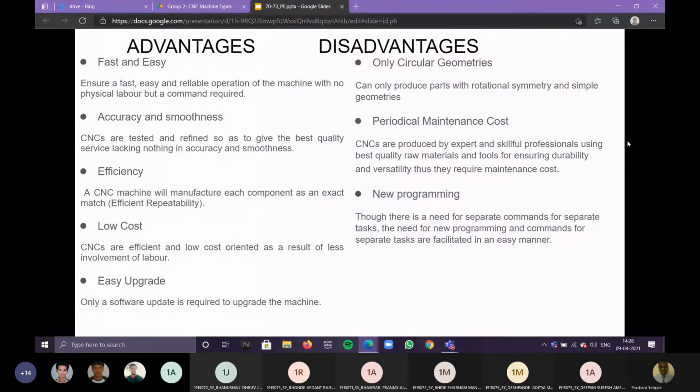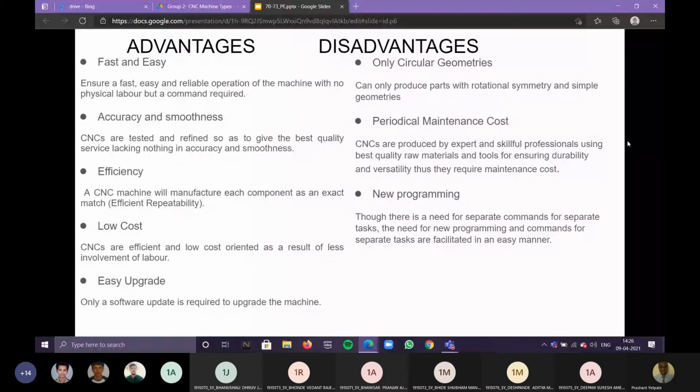Now we'll take a look at the advantages and disadvantages. It is fast and easy because of the reliable operation of the machine with no physical labor, just a command produces a part. Accuracy and smoothness, because CNC machines are tested and refined to give the best quality products that do not lack in accuracy.